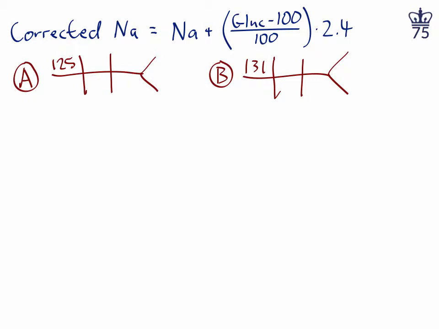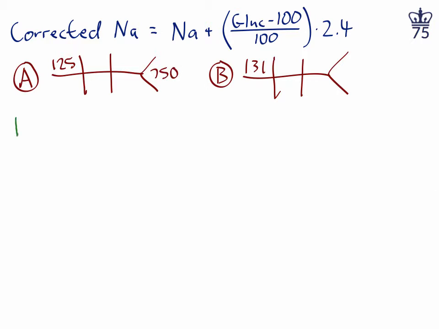Clearly we need more information than just the sodium, so let's look at the glucose. Hyperglycemia, you will recall, causes a translocational hyponatremia because glucose is an effective osmole that draws water out of cells. If this patient with a sodium of 125 turns out to have a glucose of 750, well, then their corrected sodium is normal.